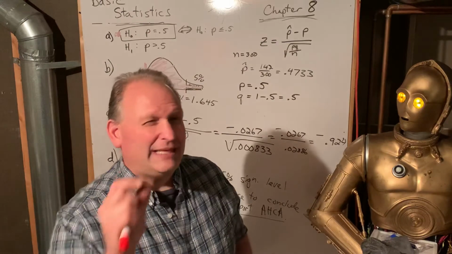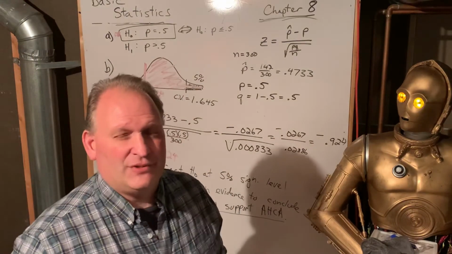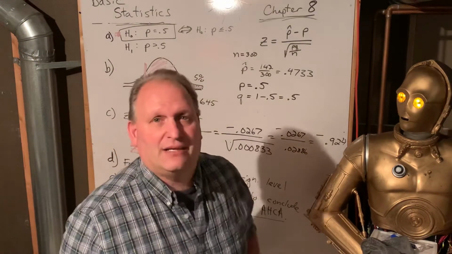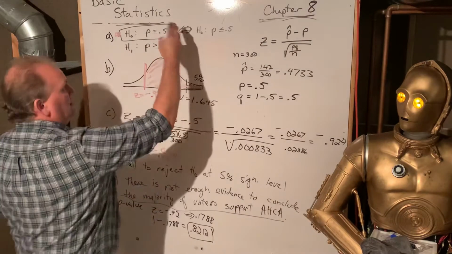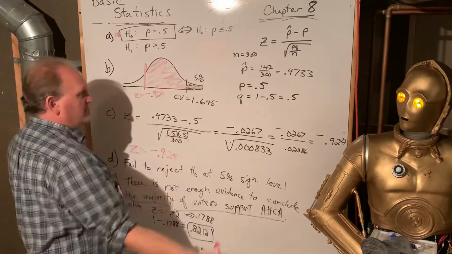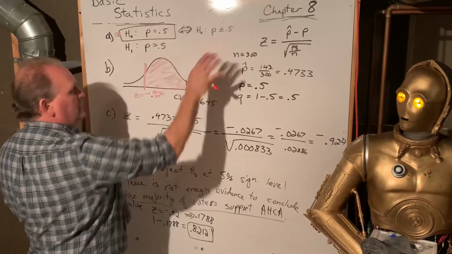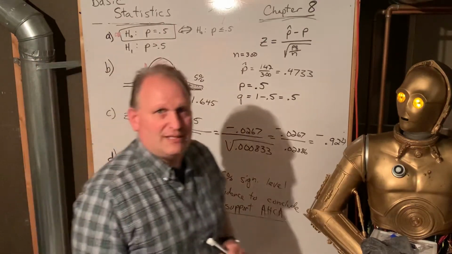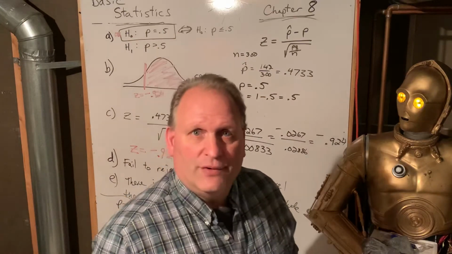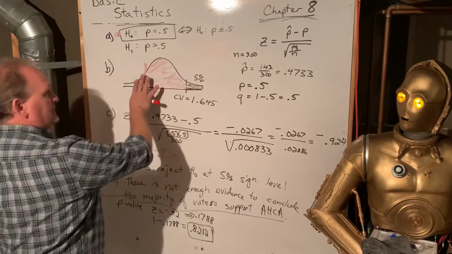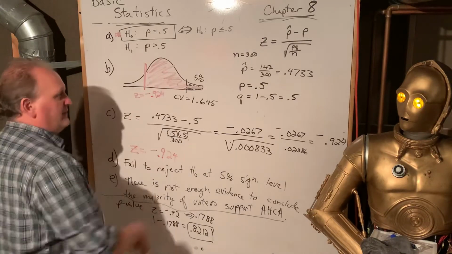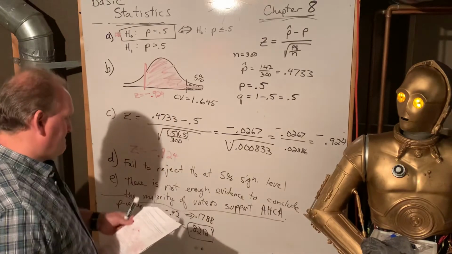If it were a really little percentage, like 0.3% of the time, then we would reject the null and conclude the alternative, because if the null were true, we'd only get results like that 0.3% of the time. Then it would have been in the shaded area. We failed to reject because it was in the unshaded area from our critical value setting. All right?